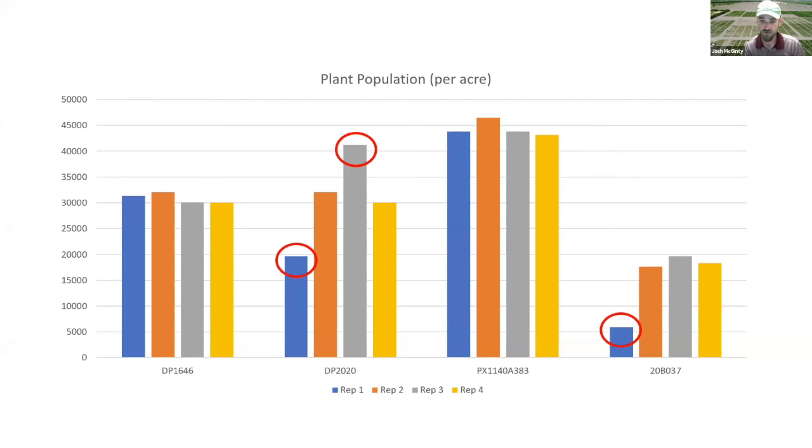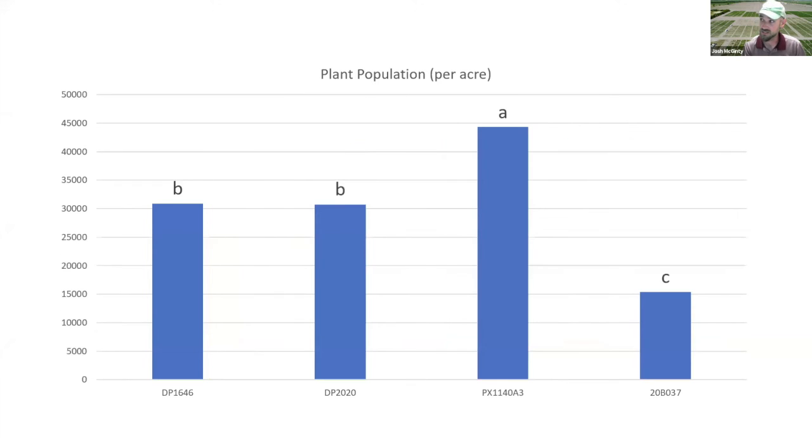So now we have enough data here, we have enough replication that we can apply statistics and have some confidence in the data that we represent to growers. Once we apply statistical tests, this has gone through an ANOVA test. We've also separated the means using Fisher's LSD. Now we can represent this to growers and say, okay, the best emergence was indeed with that PX variety.